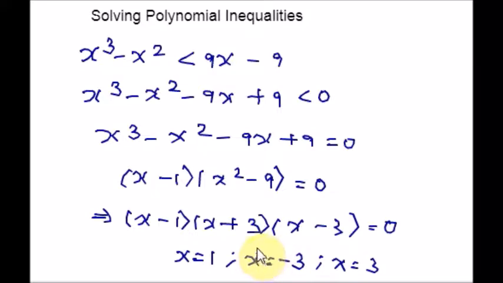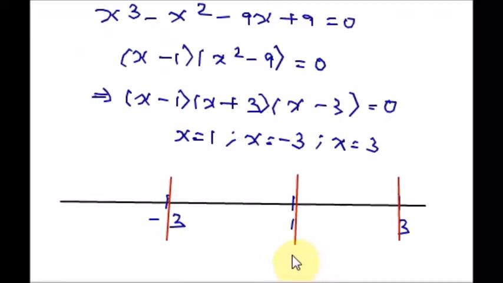Now let us make a sign analysis chart. To make the sign analysis chart, we are going to use these key values, or you can also call them critical values. So you can plot these numbers and draw a line on the number line. Now step 4, let's perform the sign analysis.